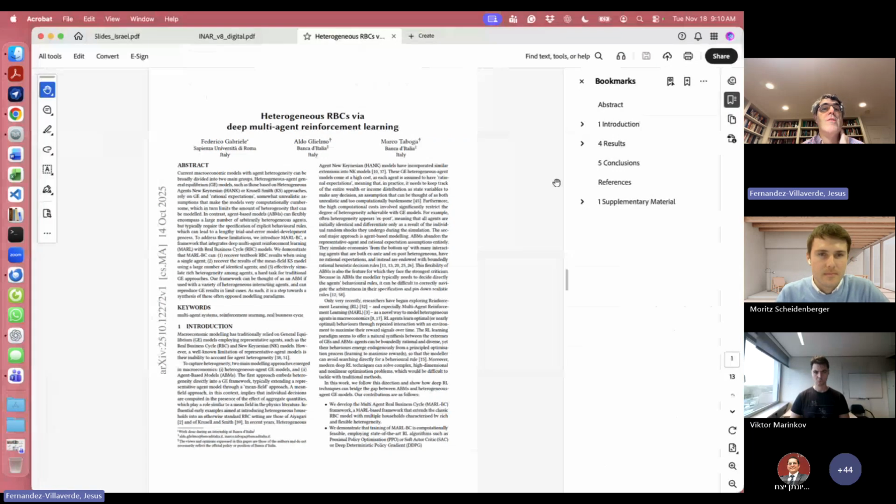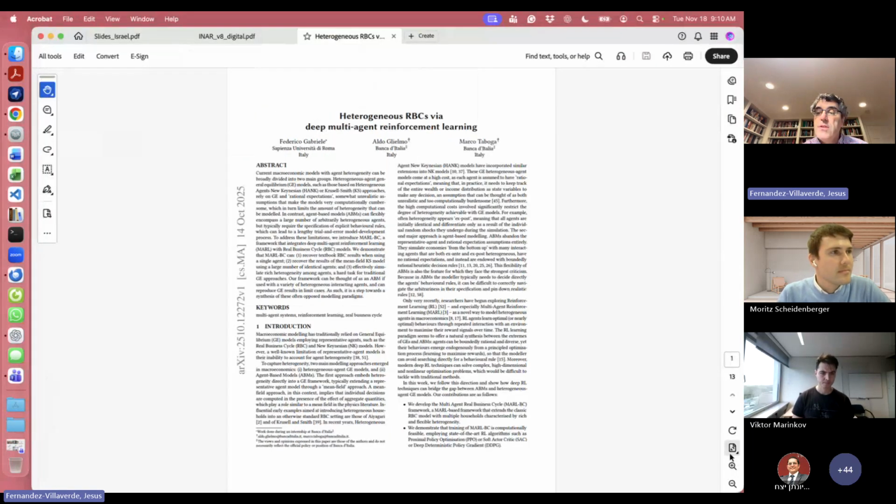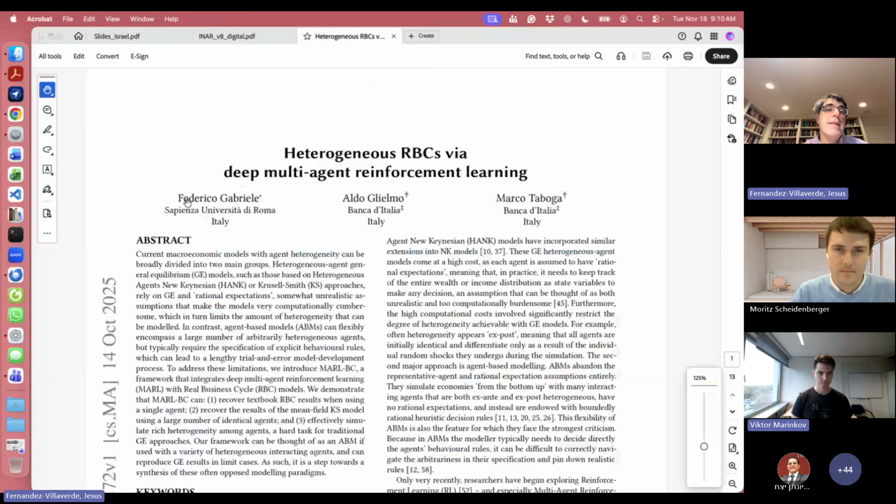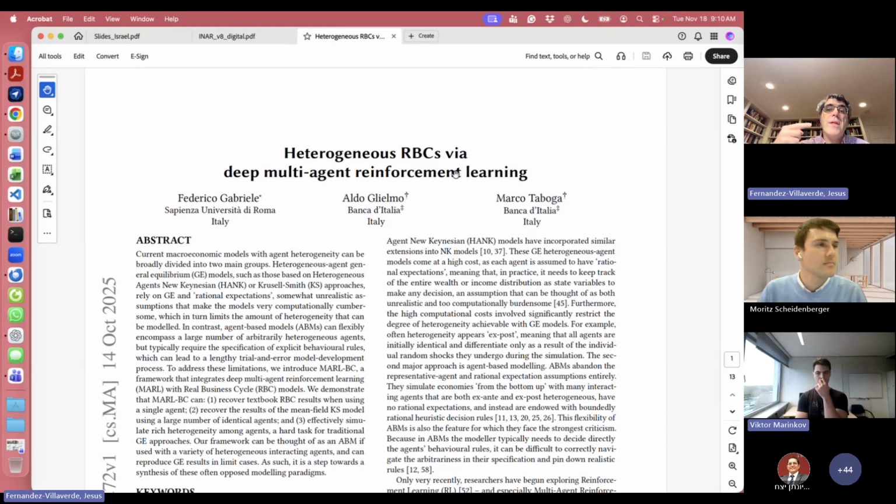Oh, for instance, this is another good paper. This is by Federico Gabriele at Sapienza, Aldo Glienne at Bank of Italy, and Marco Taboga. And it does exactly what you're suggesting, which is to think about this type of learning. When you learn within the model and you are really thinking about the agent learning in the model, that is what is sometimes called reinforcement learning.